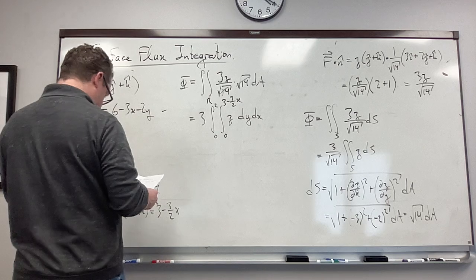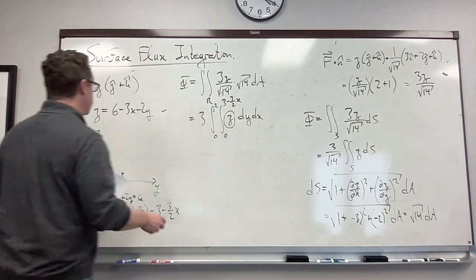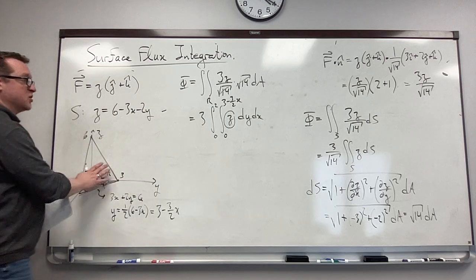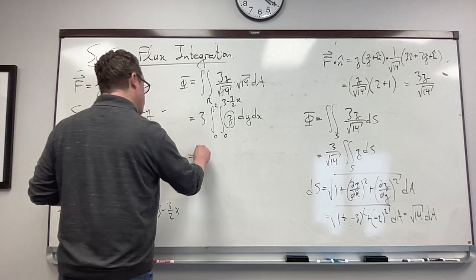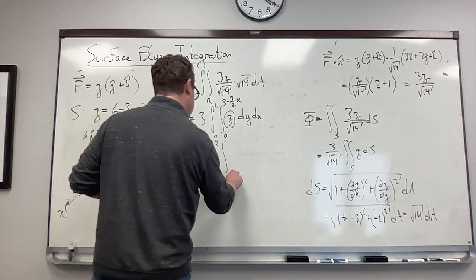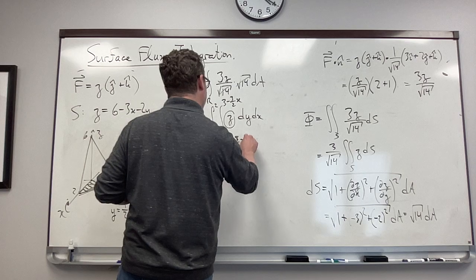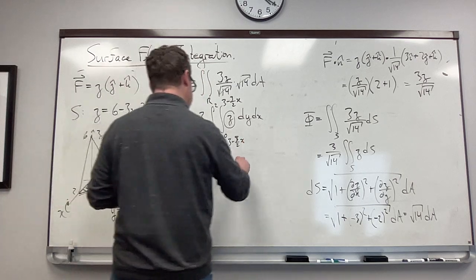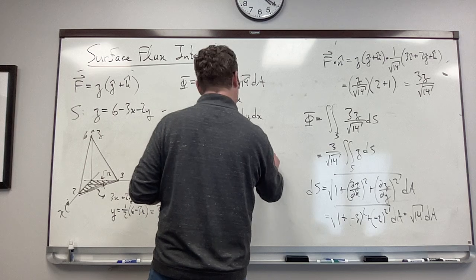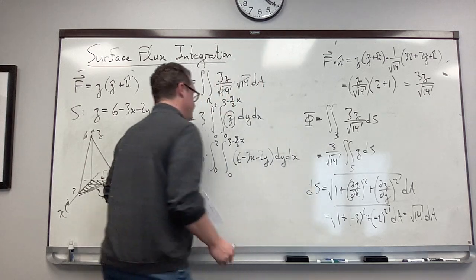Now, the other thing though is z. We're integrating on this surface, so you put the definition for the surface: 3 over 2 x, and then z is 6 minus 3x minus 2y, dy dx.